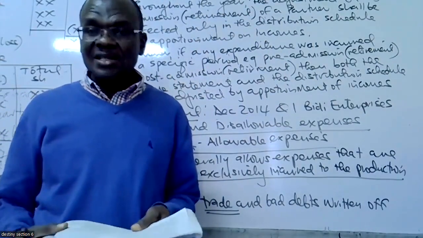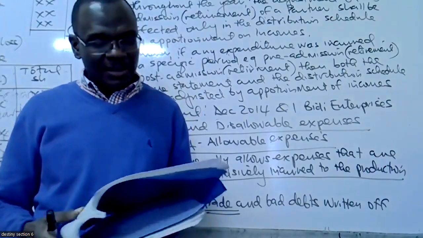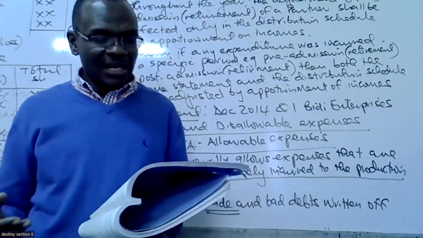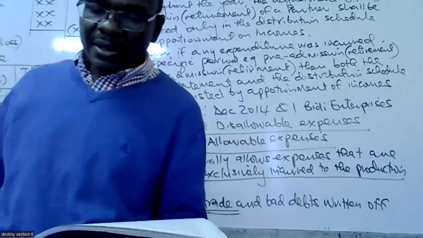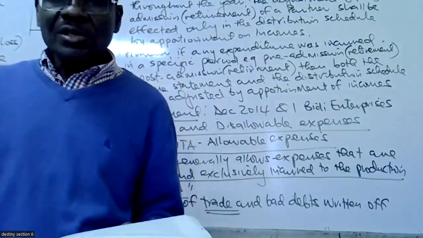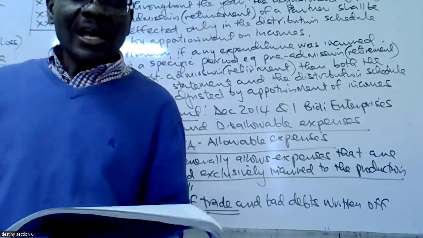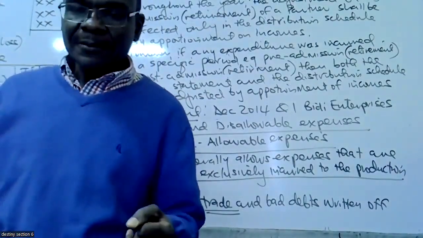The next allowable legal expense, B, is for collection of trade bad debts. So the bad debts must be trading, like, e.g., the legal expenses for filing a suit against a defaulting debtor.